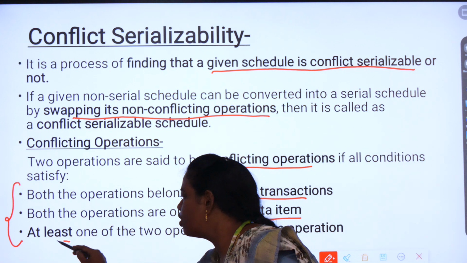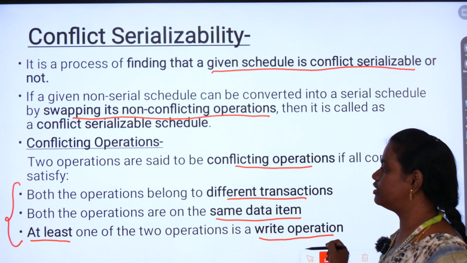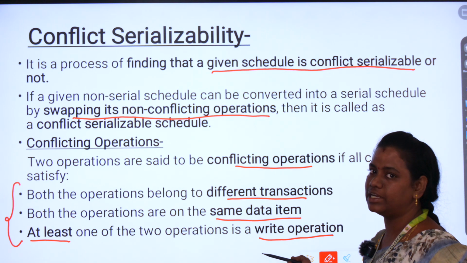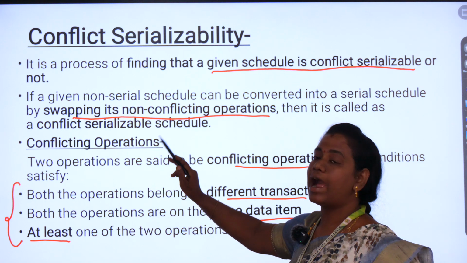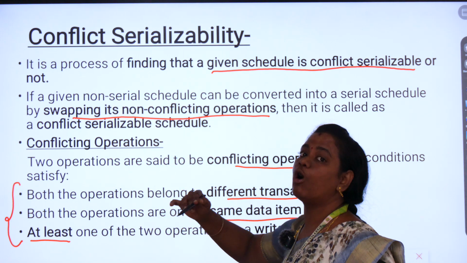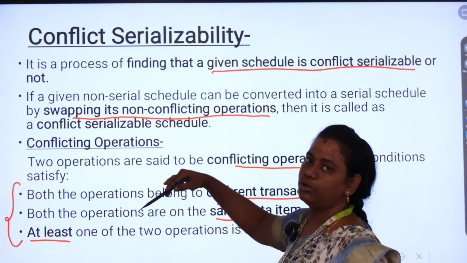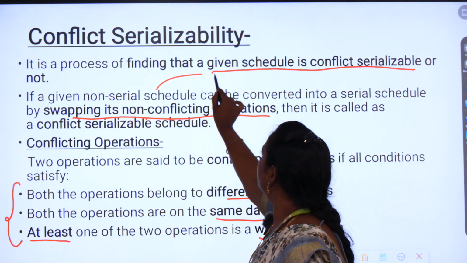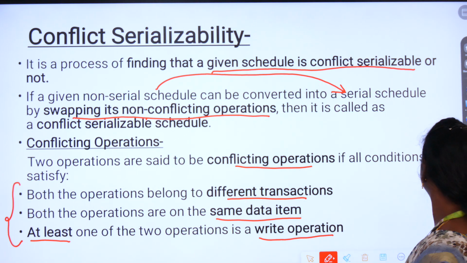Third, at least one of the operations is a write operation. With the help of these conditions we are going to identify conflicting operations, and then identify non-conflicting operations and swap them to convert a non-serial schedule into a serial schedule. Let's see an example for this.